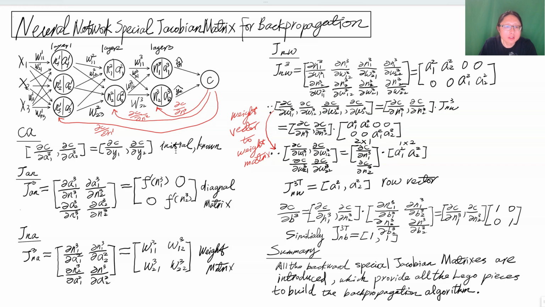The first one is the initial one. It goes from the cost to A, the neuron output of the third layer, which is very close to the cost function. The partial derivative of the cost function with respect to the neuron output A of layer 3 is very easy.